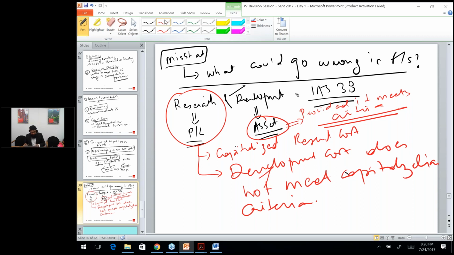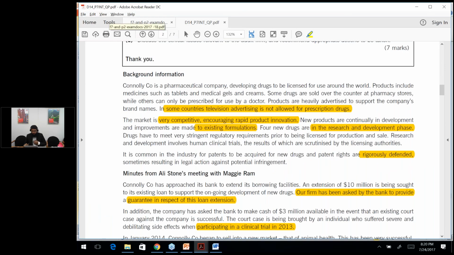So you see, one of the risks of material misstatement in this scenario is that the entity might have capitalized the research costs instead of expensing them in the P&L. And the other one is that the development costs do not meet the capitalization criteria. Now let's move forward.